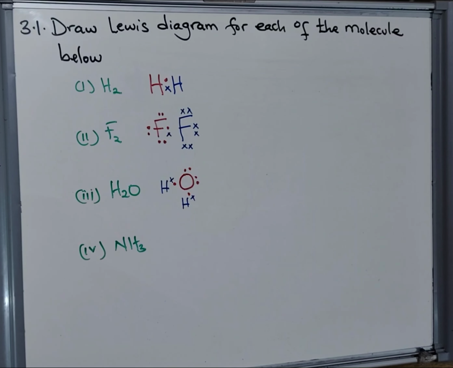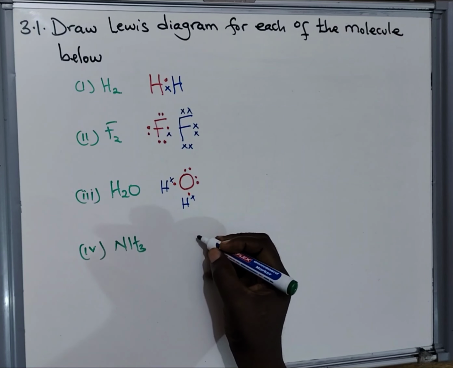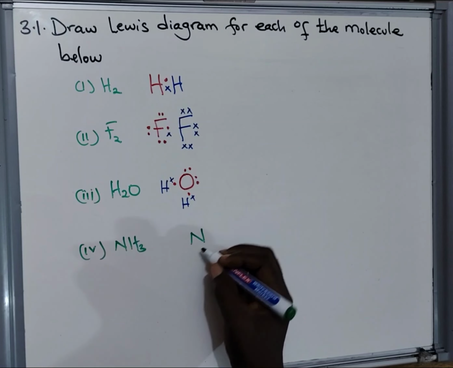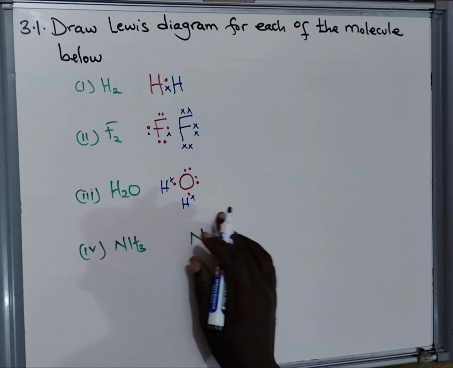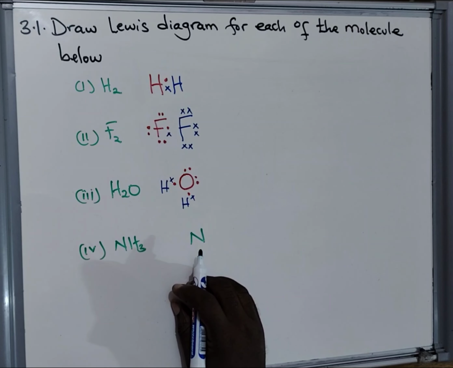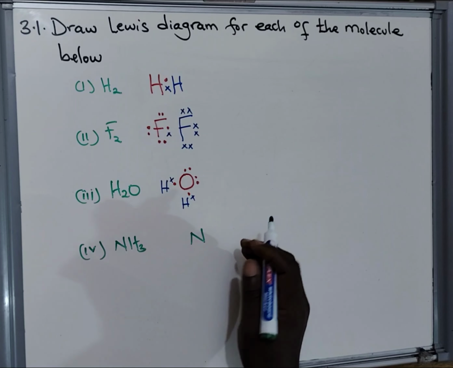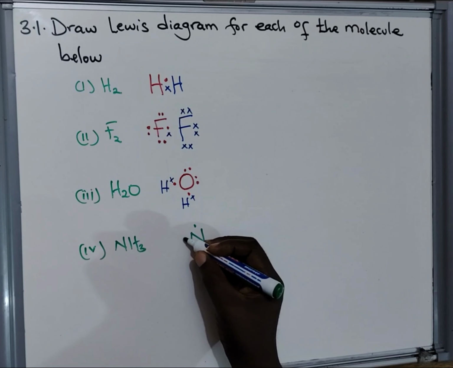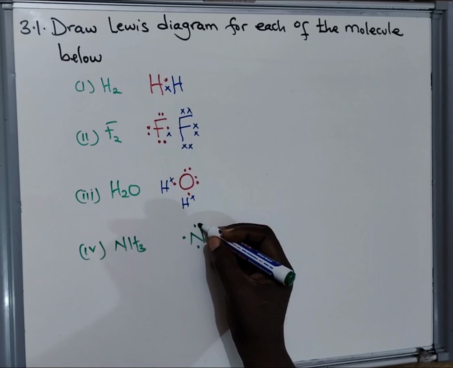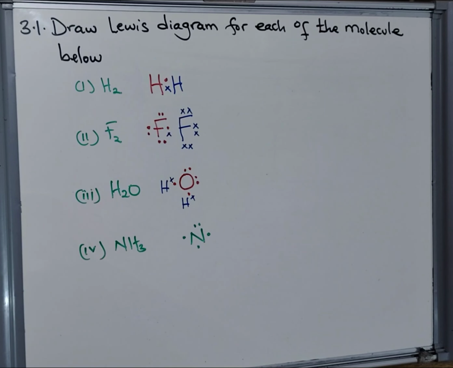Then we come to this one, ammonia. What do you know about this one? You know that ammonia has nitrogen as the central atom. And nitrogen belongs to group 5, which in some circles is called 15. So you're going to have 1, 2, 3, 4, 5. With that, what does that mean?